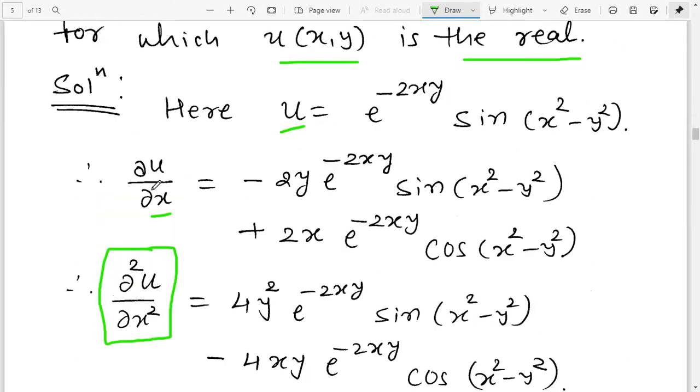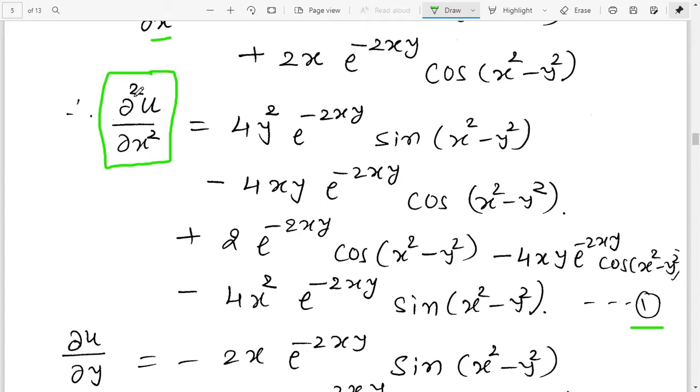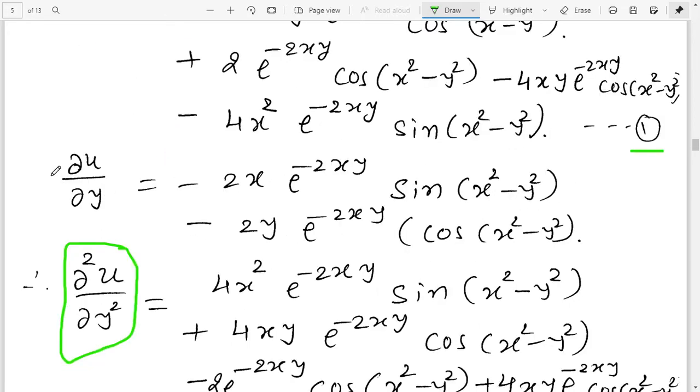Now again differentiating u with respect to y, we get this, and differentiating this with respect to y, we get equation number 2.